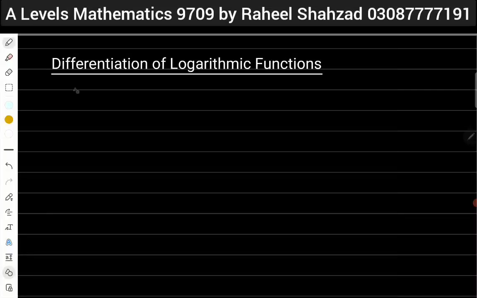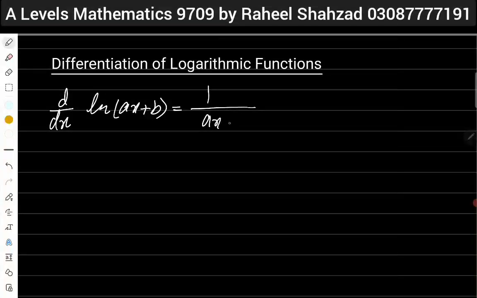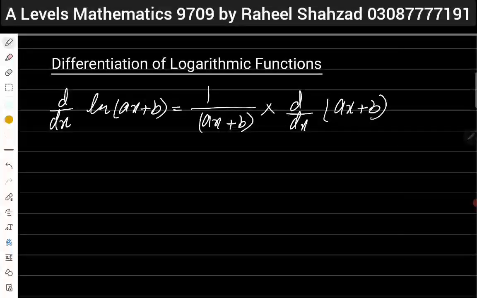Okay, when we have a logarithmic function, that is basically the derivative of natural log of ax plus b, that will be equal to 1 divided by ax plus b into the derivative of the angle, so d by dx of ax plus b, right?